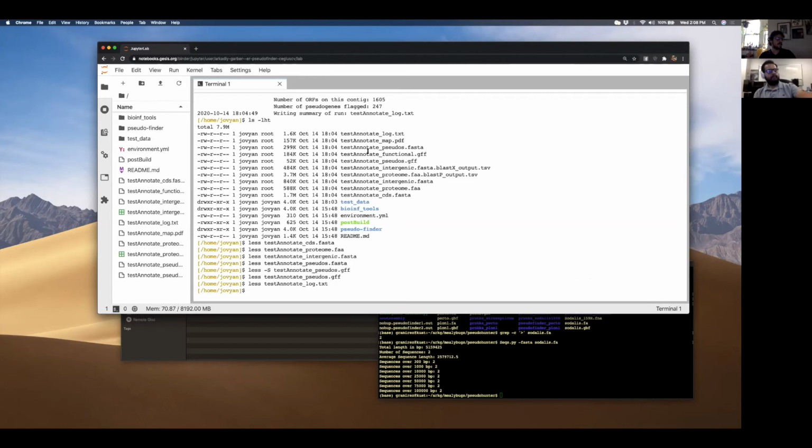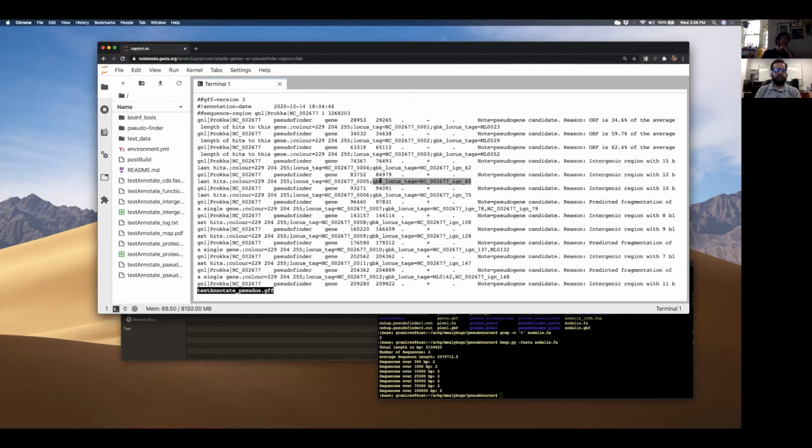Right, so when you look at the pseudos GFF file, we see that all the pseudogenes are summarized here. This one, for example, has the general breakdown of a GFF file, but the last column essentially gives you all the information you need to know about why that gene is a pseudogene. Here the reason given is predicted fragmentation of a single gene.